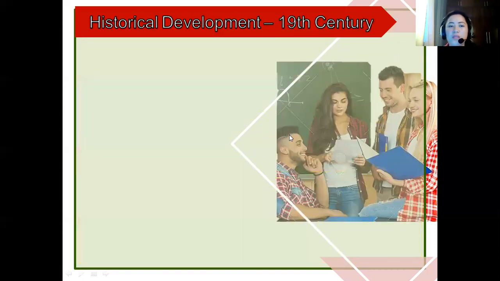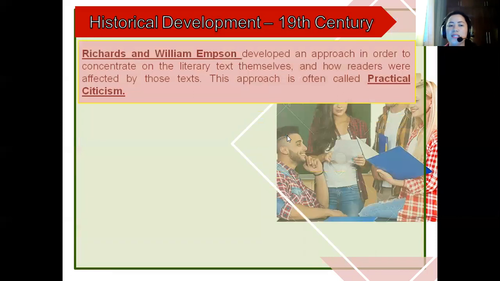In the 19th century, Richards and William Empson developed an approach in order to focus on the literary texts themselves and how readers were affected by those texts. Therefore, in this analysis, the readers are involved.